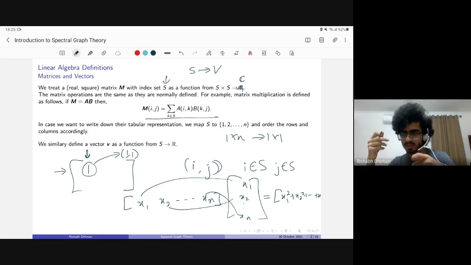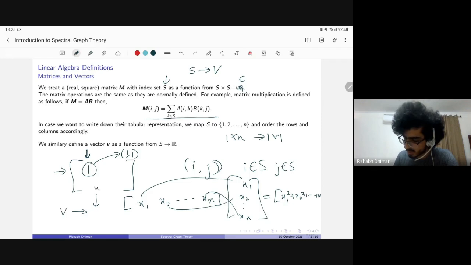What I can do is, rather than associating it with the row position and column position, associate all of these values with a pair of vertices. So L_uv refers to the value of the matrix at position uv. The value here will be L_uv.